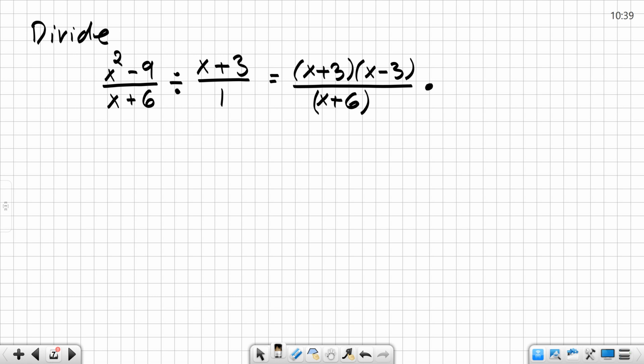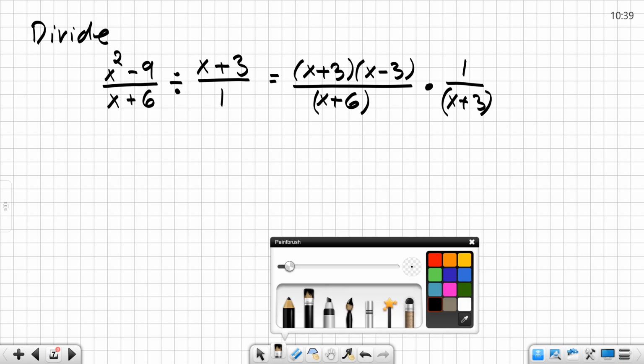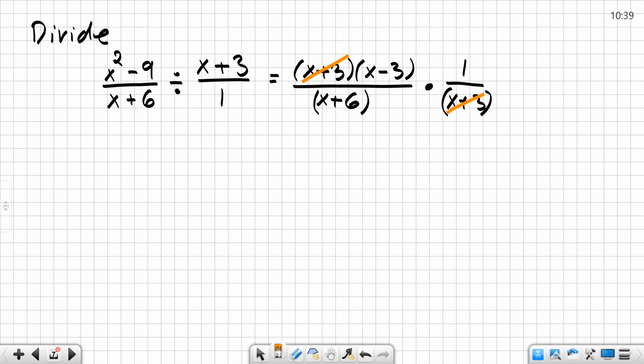This helps to write it down, because then now I see that the reciprocal of this is 1 over x plus 3. If you are ready, you can already cancel this out in this step right now. Now I'm just going to multiply out the rest, what I'm left with. I have 1 times x minus 3 in the top, and then x plus 6 is left in the bottom.